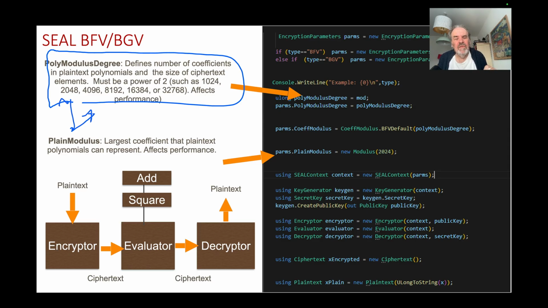But unfortunately, the performance will actually drop as we keep increasing them. So these are typical values that we use, and they must be a power of 2. The plaintext modulus will limit the size of these polynomial values, and we do perform a mod p operation to be able to limit the actual values of the polynomials. Again, that will affect our accuracy overall.